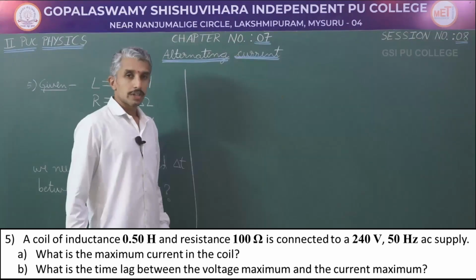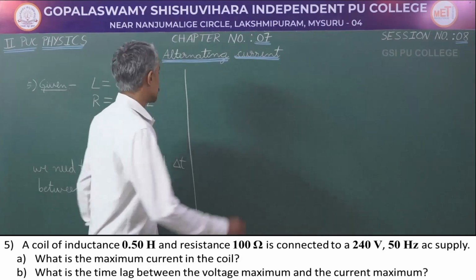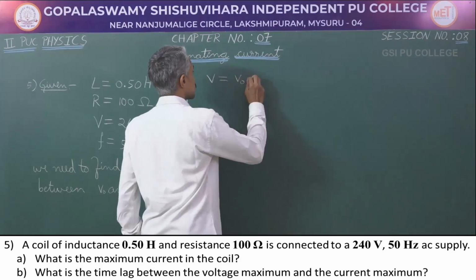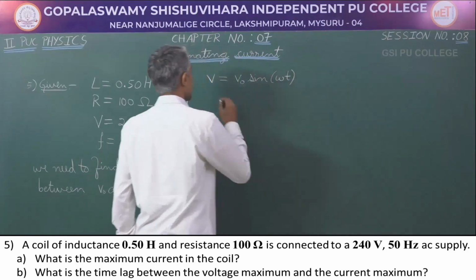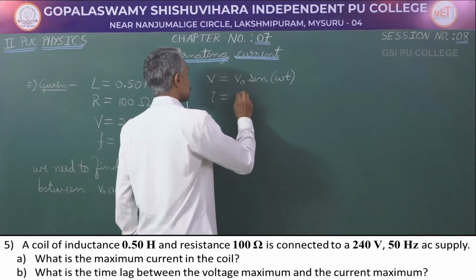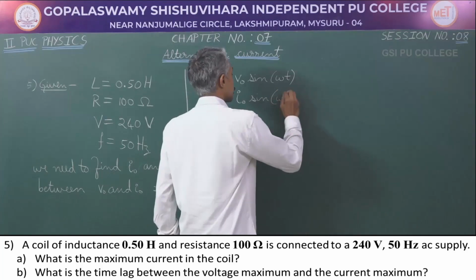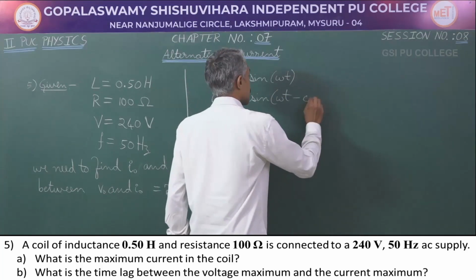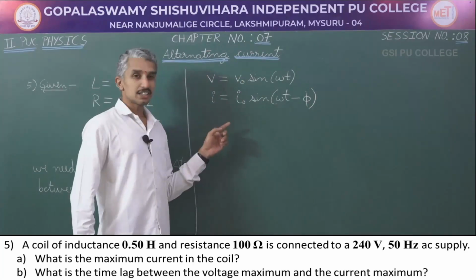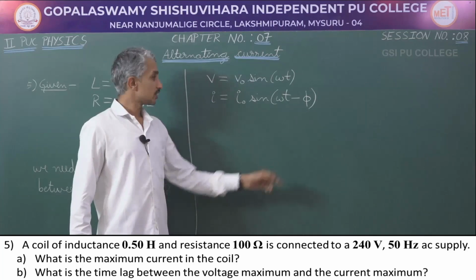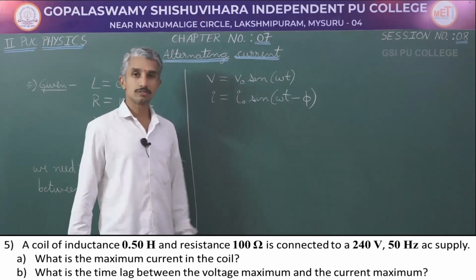So let us begin. For an AC circuit where there is an inductance, the voltage in the circuit is given by V is equal to V0 sin omega t, then the current in the same circuit would be given by I is equal to I0 sin of omega t minus phi. In an inductive circuit, the current lags behind the voltage by a phase angle phi.